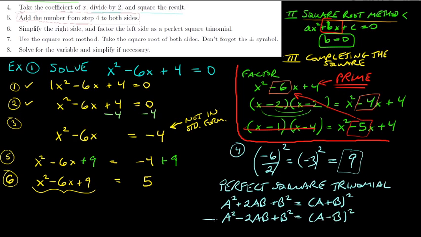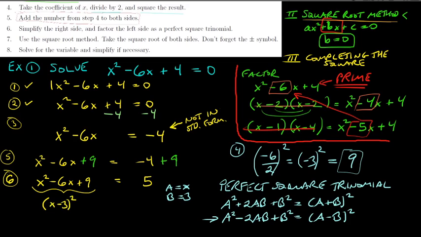And in fact, this is the one we're going to use here. So my a being x and my b being 3, right? So a is x, and b is 3, square root of 9 is 3, right? Then we can factor this left side as x minus 3 quantity squared.